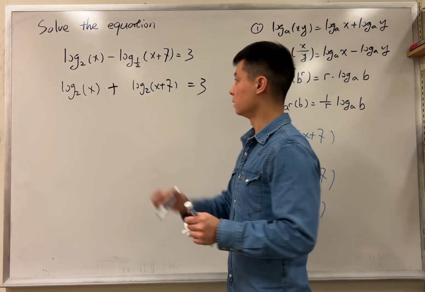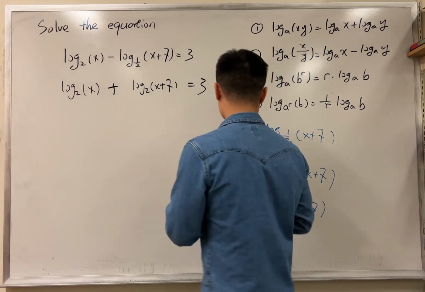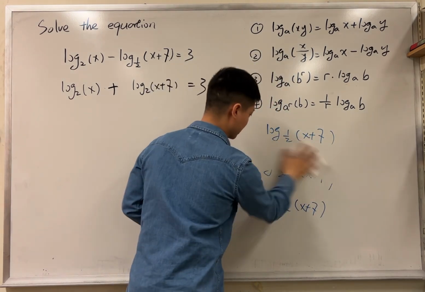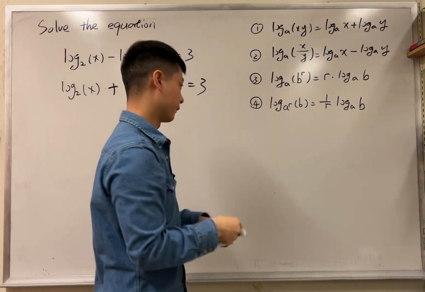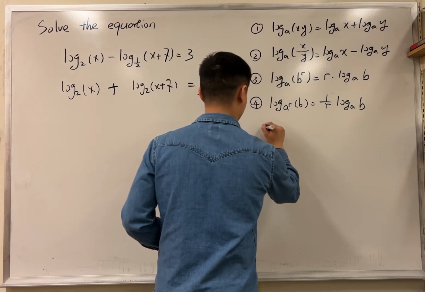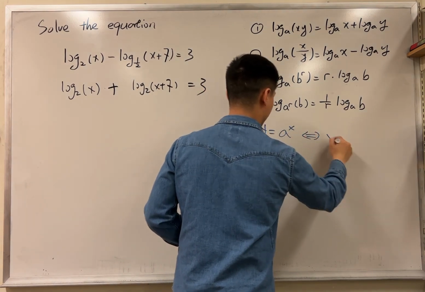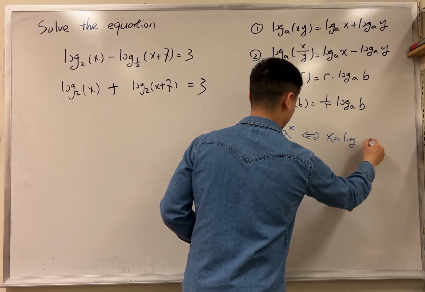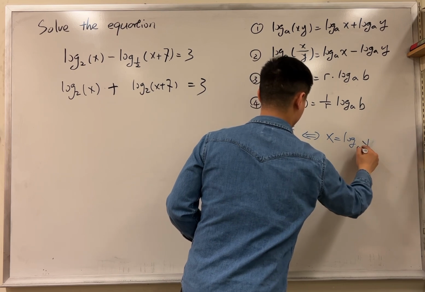And then our goal is also to turn this one into some kind of log form. We do so actually not by using any of these rules, but just by using the definition, which is y equals a raised to the power x, equivalent to x equals log base a of y.